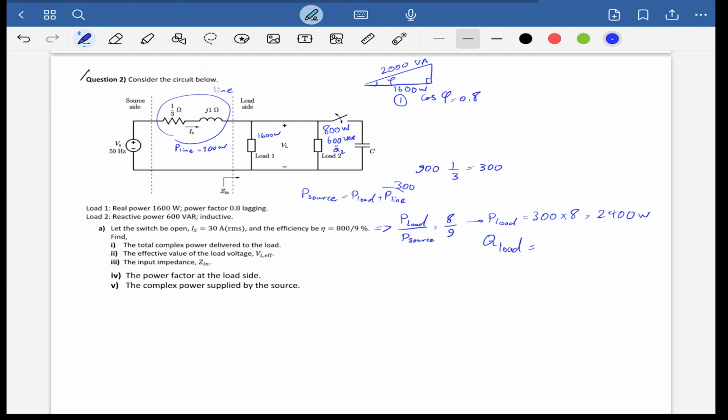It will be radical of 2000 times 2000 minus 1000. Okay, this will be 1200.